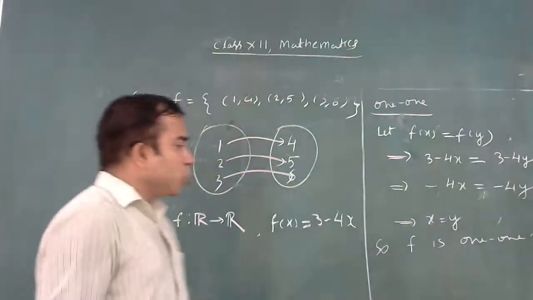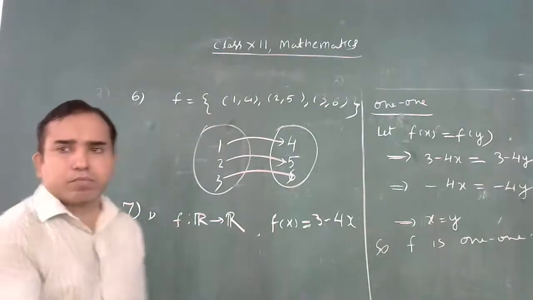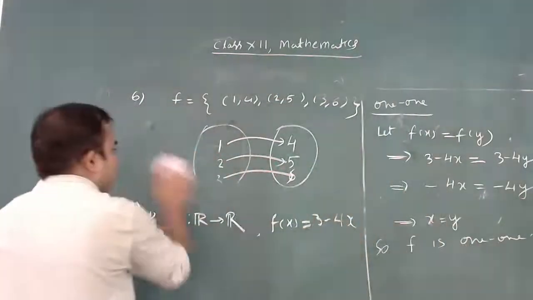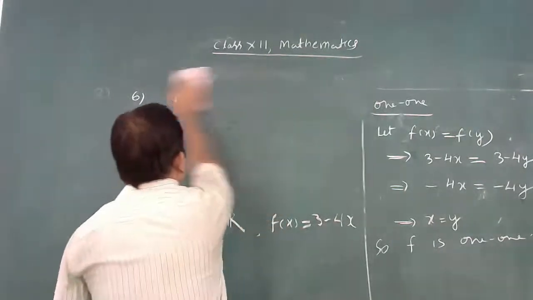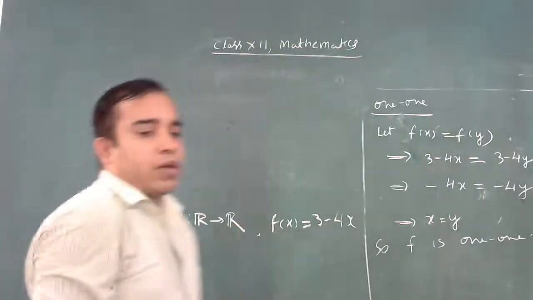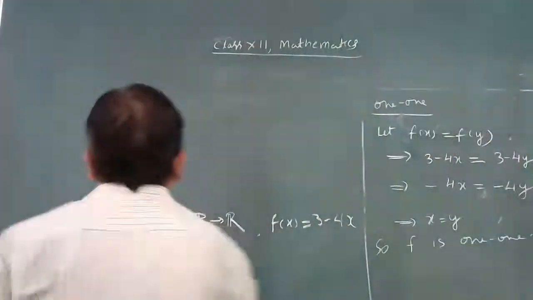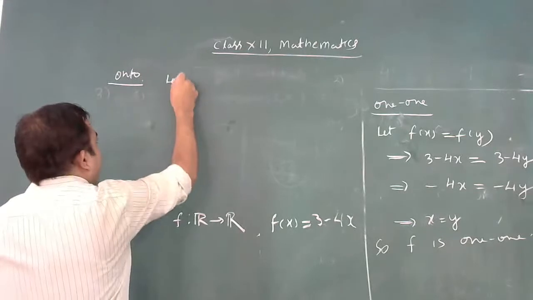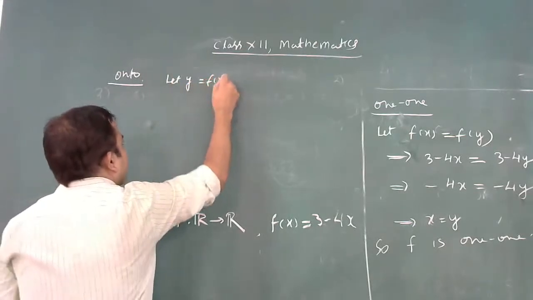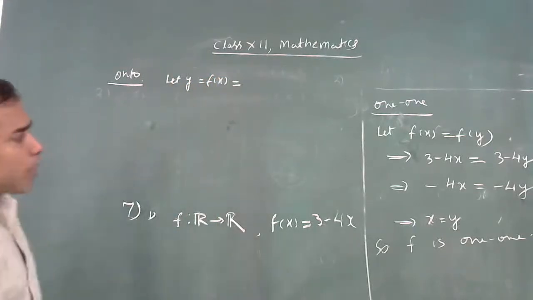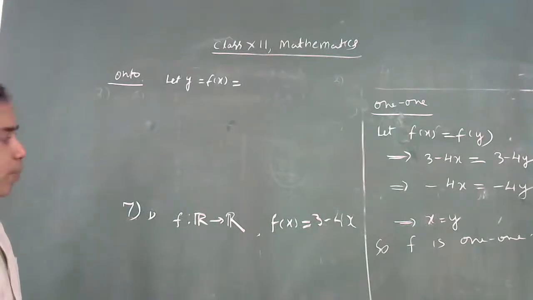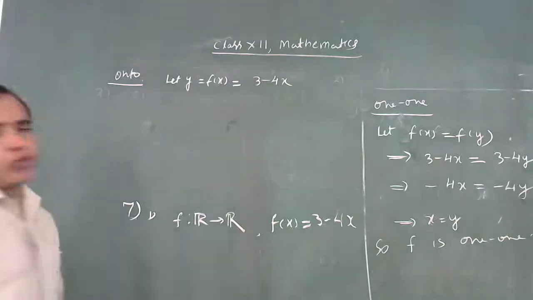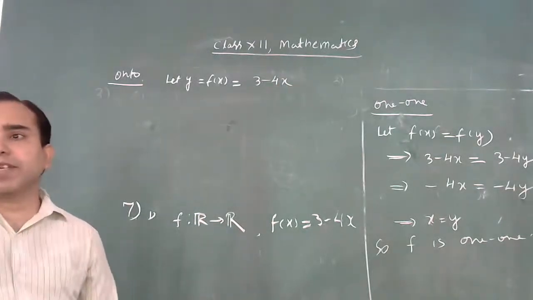And for proving onto-ness, begin with let y equal to fx and find out the range. For onto-ness, let y equal to fx. Fx means what here? 3 minus 4x. Then find out range. अब range find out करने के लिए next method क्या था?